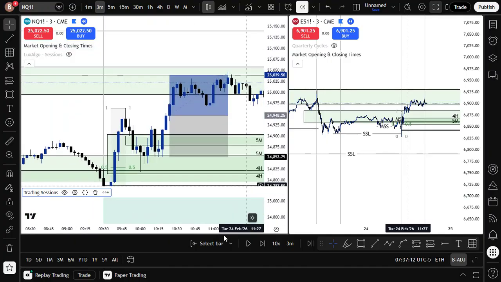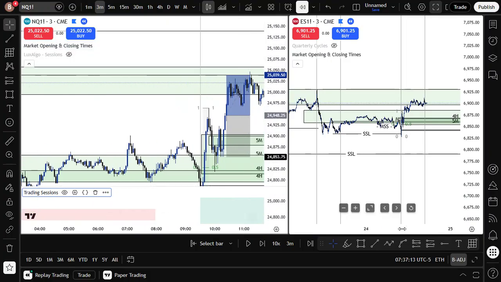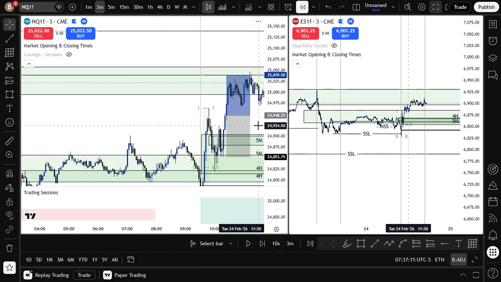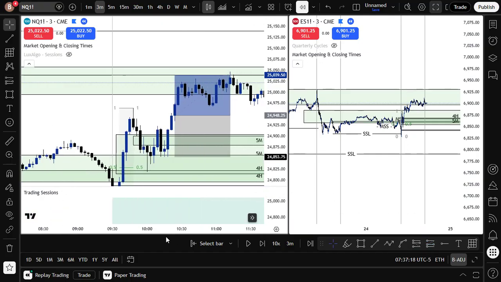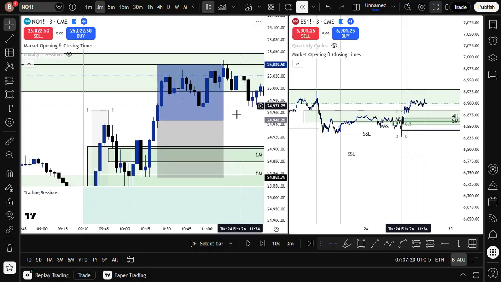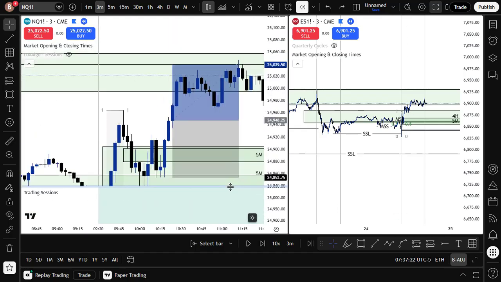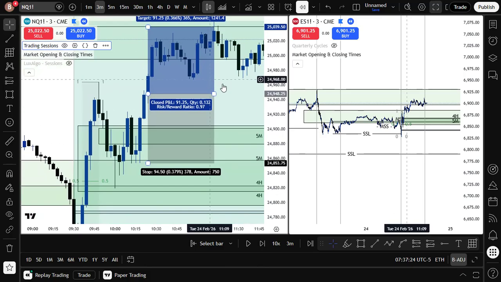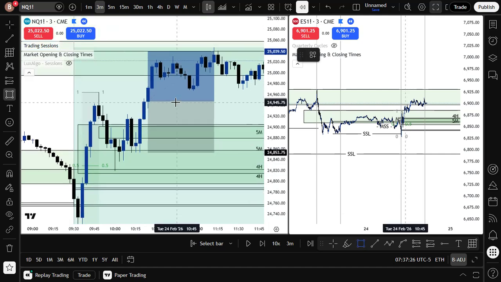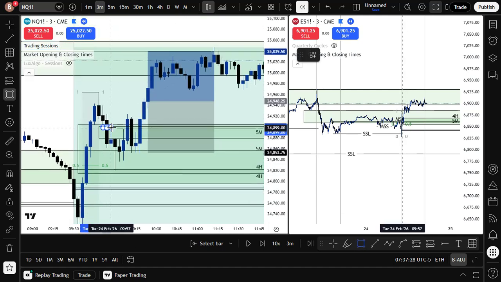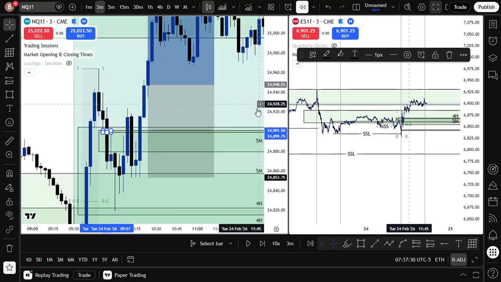So let me quickly make this trade, beautiful trade. So during sessions are somehow there. So I'm talking about 3 minutes inversion. It's tiny, but it's still inversion.